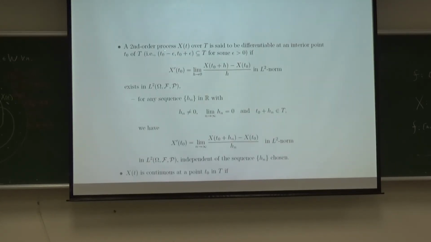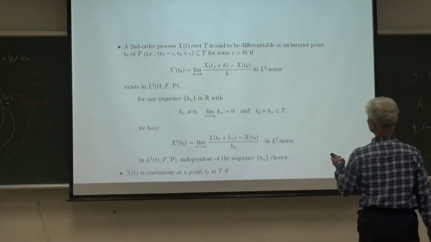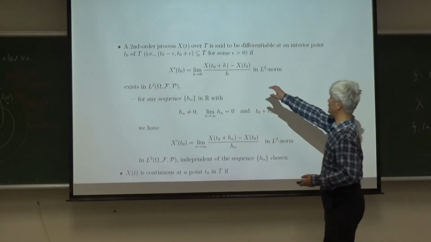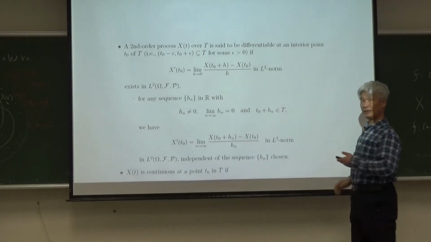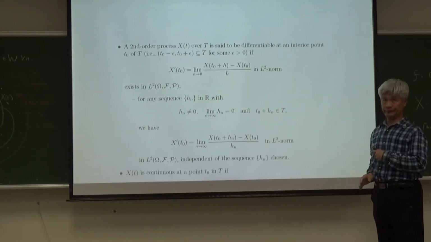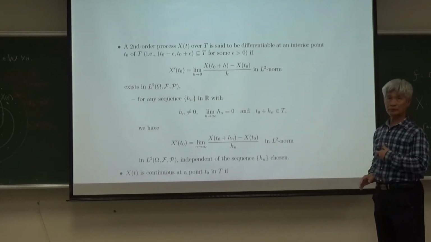So we say a second order process is differentiable at an interior point t0 if the limit of (x(t0 + h) - x(t0)) / h exists. This is a random variable. The difference between two random variables is a random variable, divided by h is also a random variable. And because L2 is a vector space, this random variable is also in L2, because it's a linear combination of these random variables.